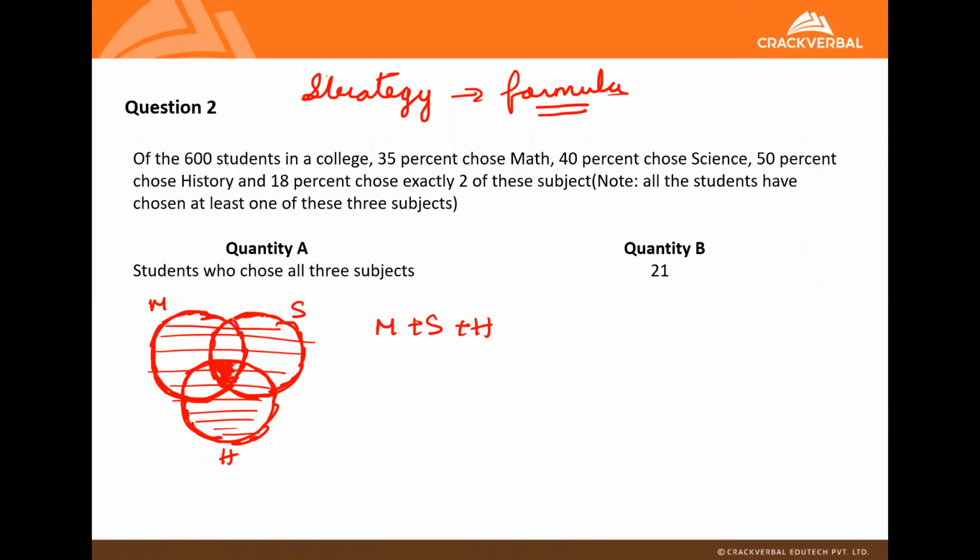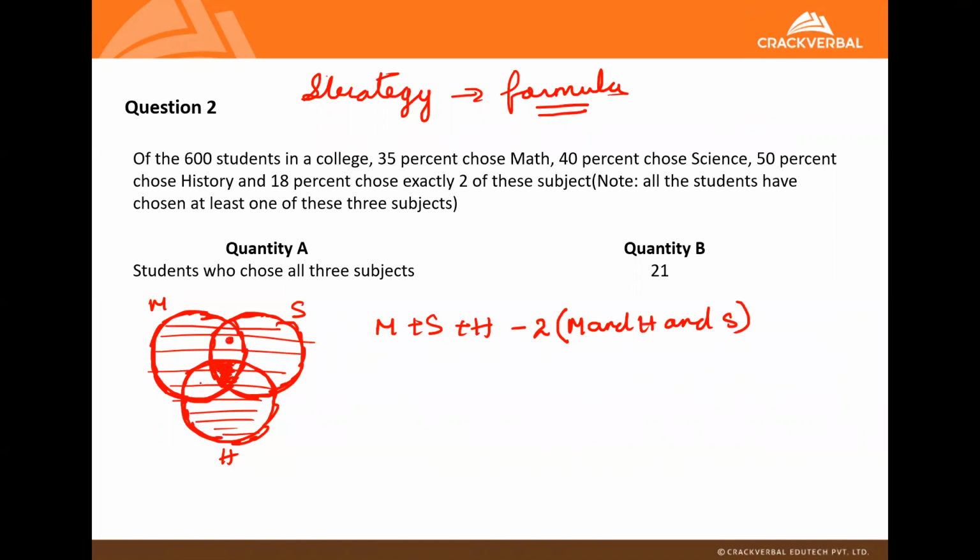Once with the M circle, once with the S circle, and once with the H circle. But I can only consider it once because I need the area of that entire region, right? So I'm going to subtract 2 times the overall intersection of the 3 because I've considered it thrice.